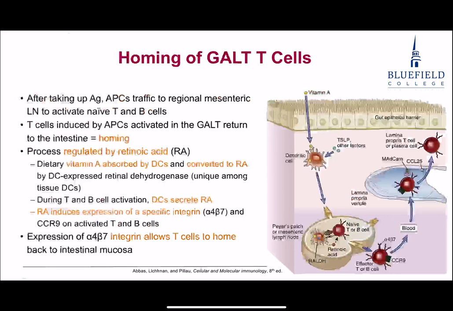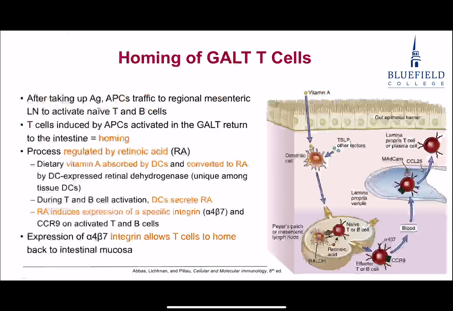You don't have to know the dehydrogenase or the chemical structure of that particle, okay? But the vitamin A is converted to retinoic acid. When that dendritic cell gets to the lymph node or the spleen, where it's activating the T cells or the B cells, it releases that retinoic acid as it's activating that T cell.